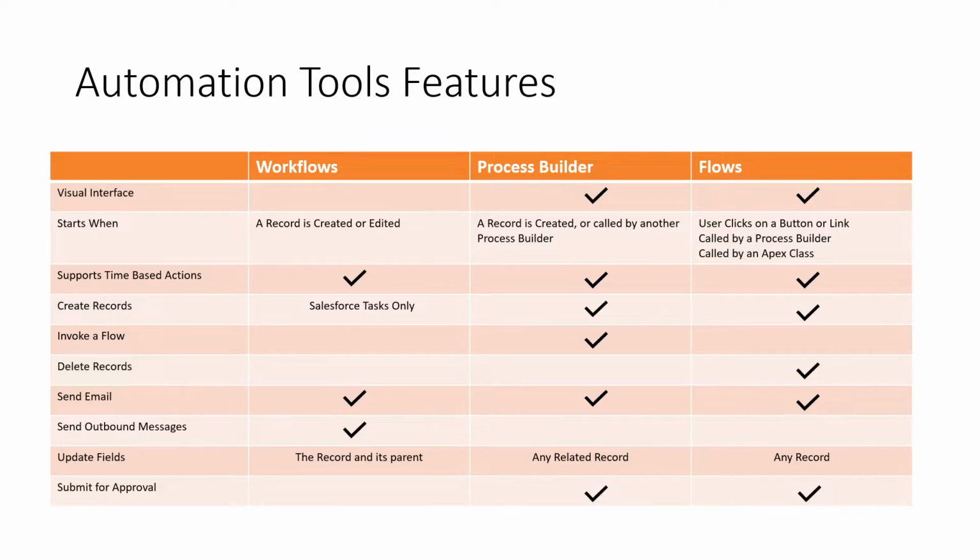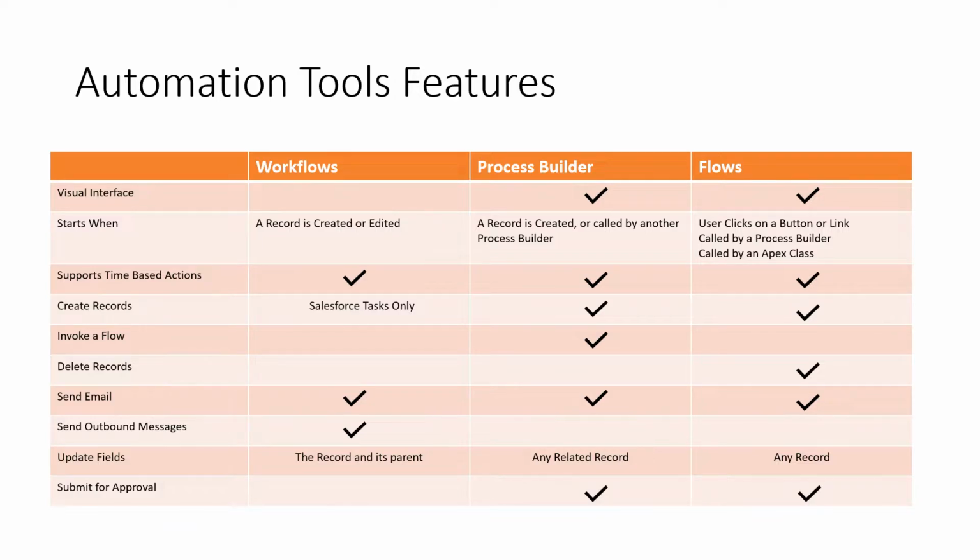So the three of them support time-based actions. What does it mean? It means that at the moment you trigger the workflow, process builder, or flow, you can execute an action after X time. I think the minimum time required is an hour, but we'll see in a bit.